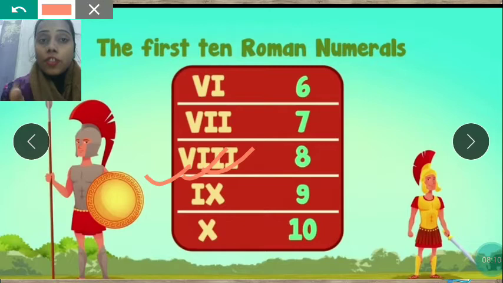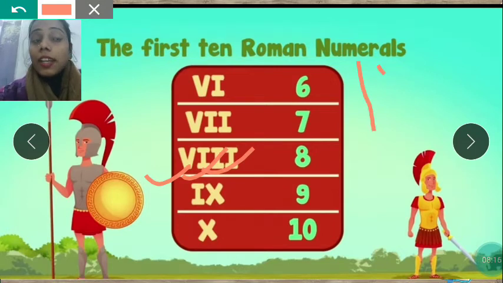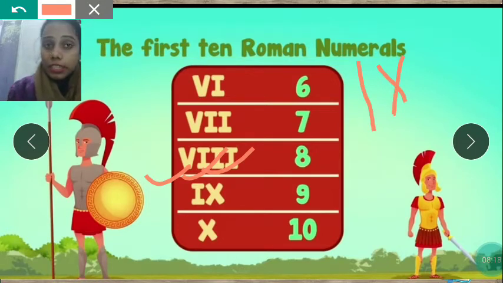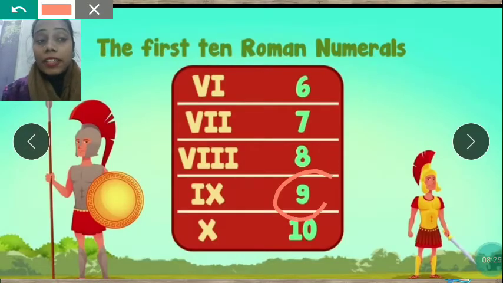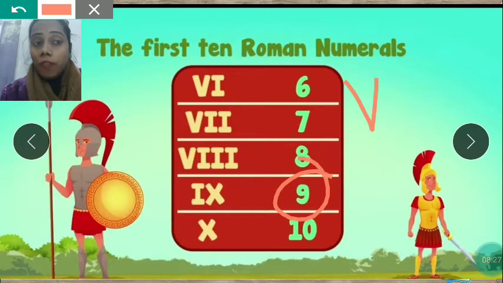Okay, student, to write the Roman numeral for number 9, we will write I, X. Student, we will discuss why we can't write it otherwise. The question may come to your mind: why can't we write 9 like this, V, 5, 6, 7, 8, 9, meaning V and 4 I's?